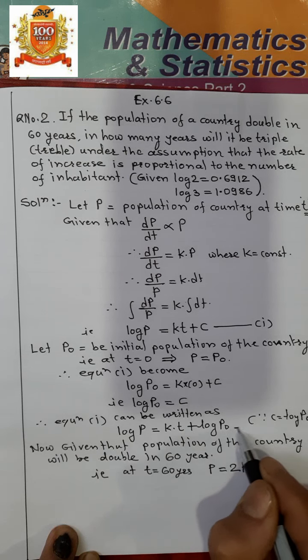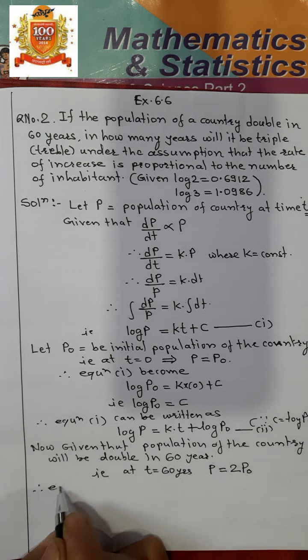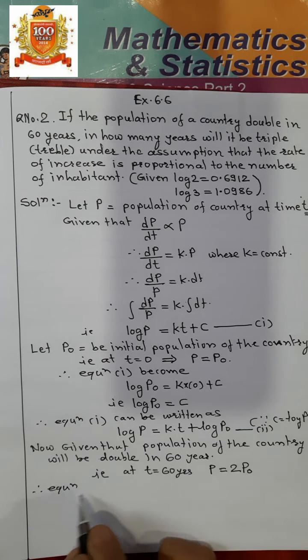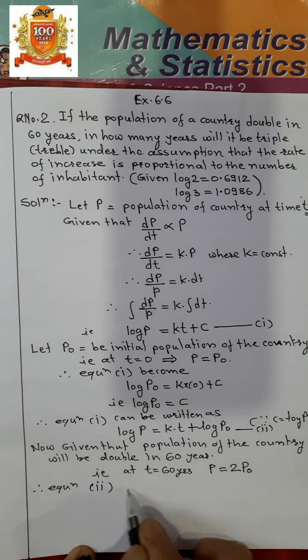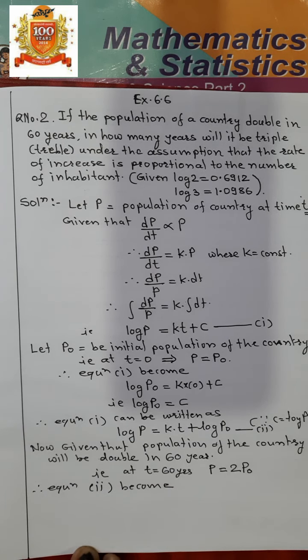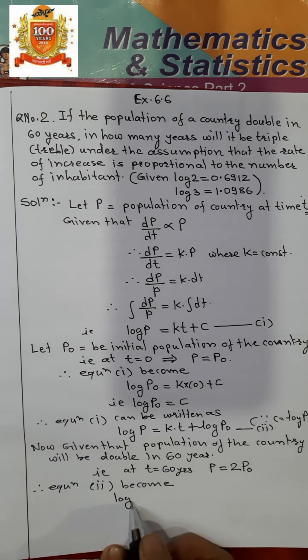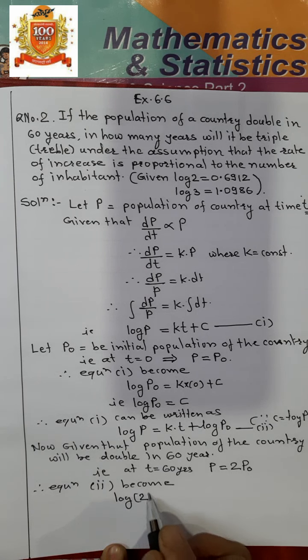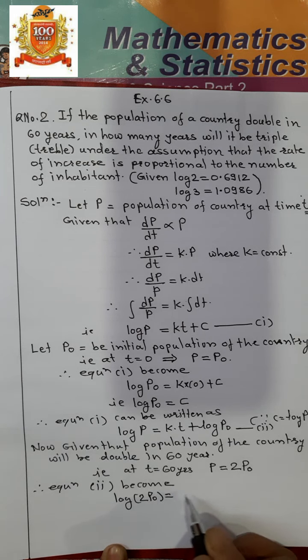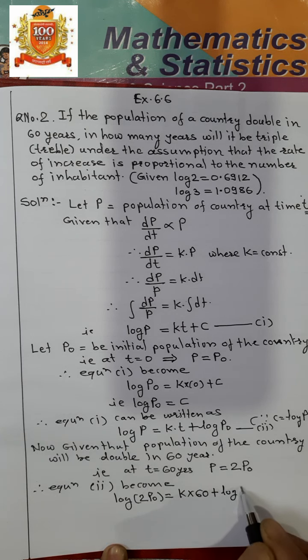Therefore equation 2 becomes log of 2P0 is equal to k into 60 plus log of P0.